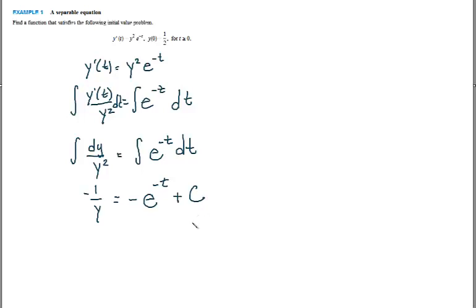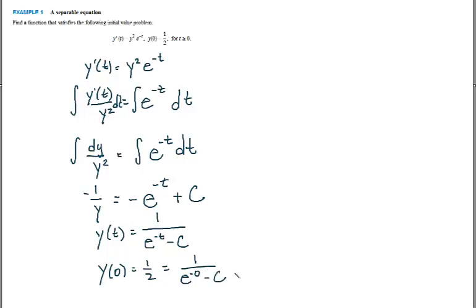Now I'd like to rewrite this so that it gives me y equals. So manipulating, moving this y over this side and dividing by this left hand and then playing with a negative, I will get y of t equals 1 over e to the minus t minus c. Alright, but I want to know what c is, and I can get that c by using the fact that y of 0 equals 1/2, which equals 1 over e to the minus 0 minus c.